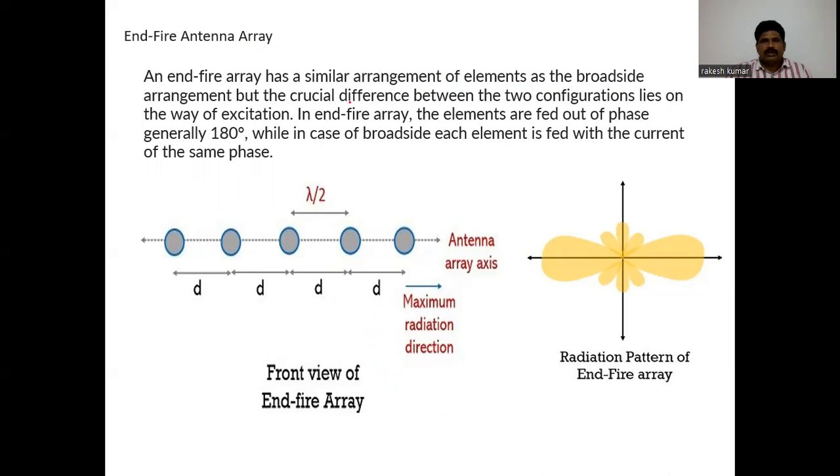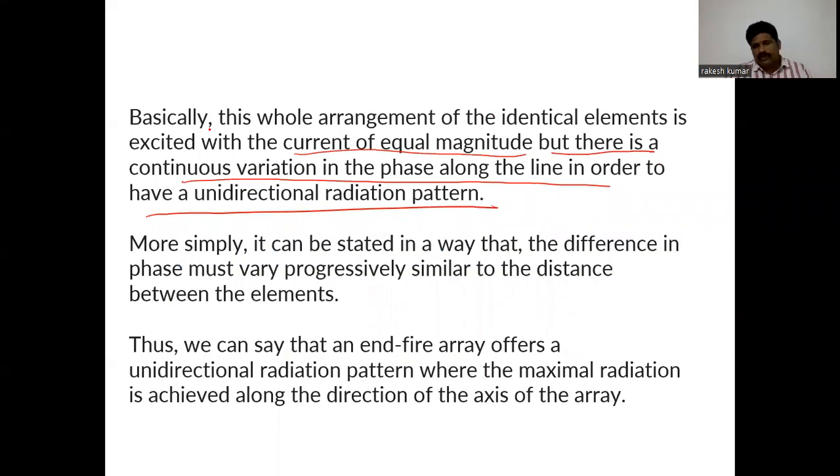The crucial difference lies in the way of excitation. In the end fire array, the elements are fed out of phase, generally with a 180 degree phase shift, whereas in the broadside array, all the elements are fed with currents of the same phase. This is the only difference.